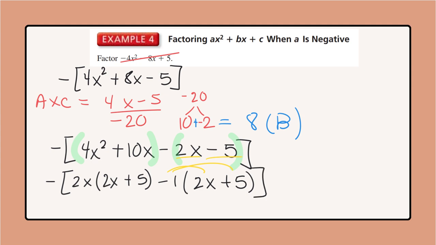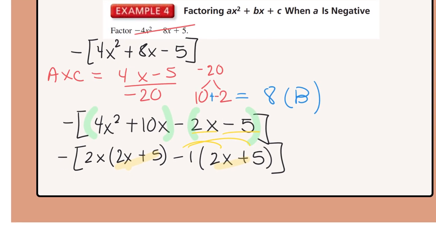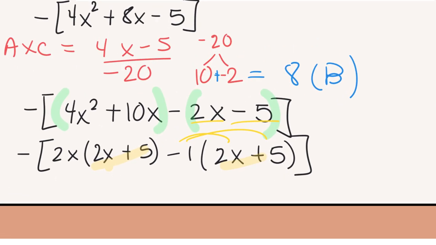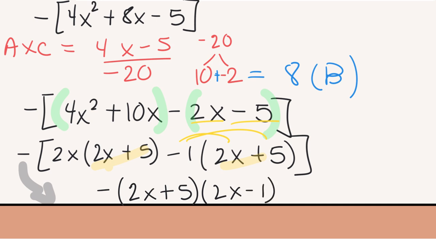So I can see that inside my parentheses, they're the same, correct? So I'm going to rewrite my whole equation, which is going to be, remember now you bring down the negative sign. It's going to be negative times 2x plus 5 times 2x minus 1. That's your final answer.